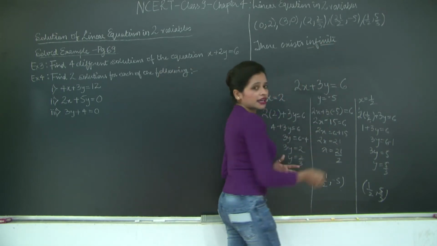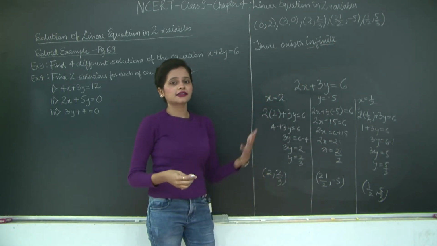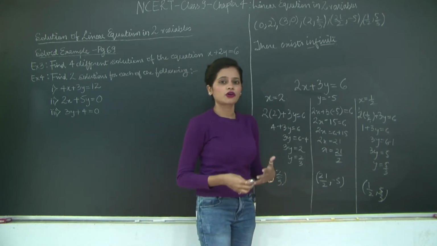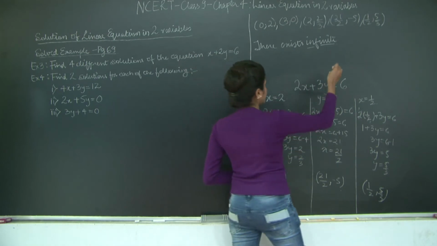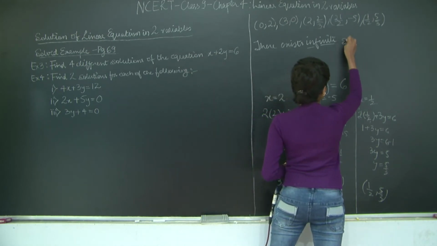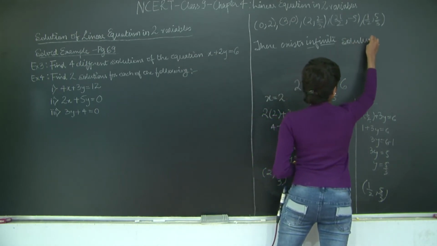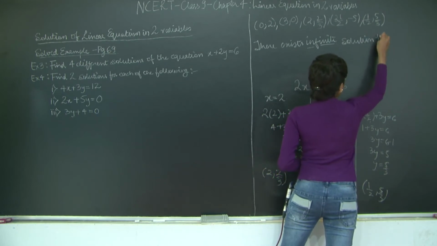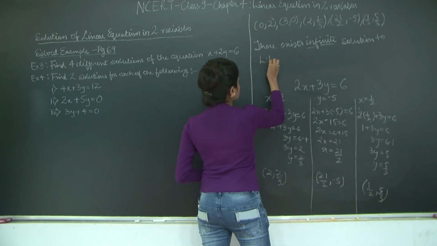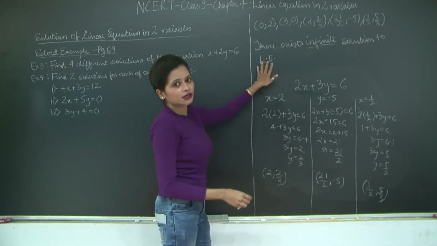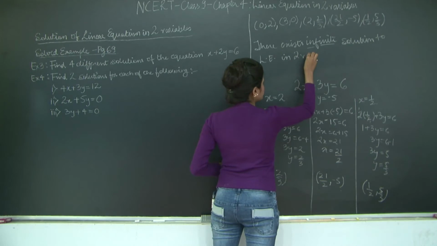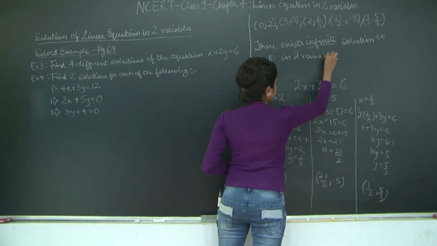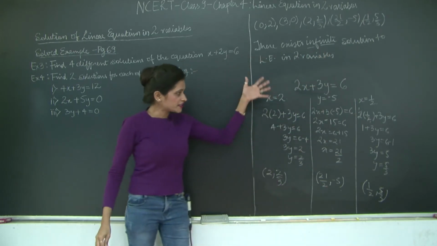In some cases in the exercise you will notice that there exist sometimes only two solutions or maybe one solution, but usually it is multiple solutions or infinite solutions to linear equations. I'm just abbreviating linear equations to LE in two variables. So please take a look.